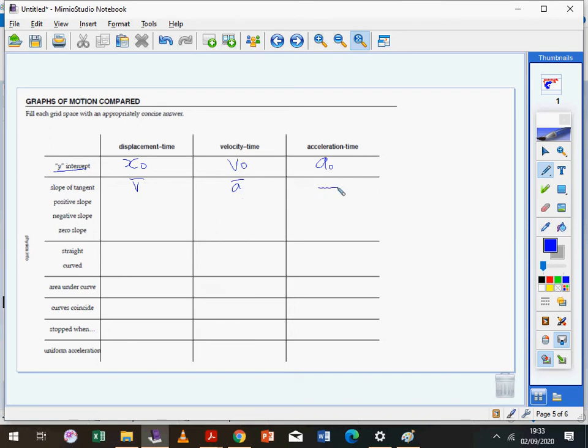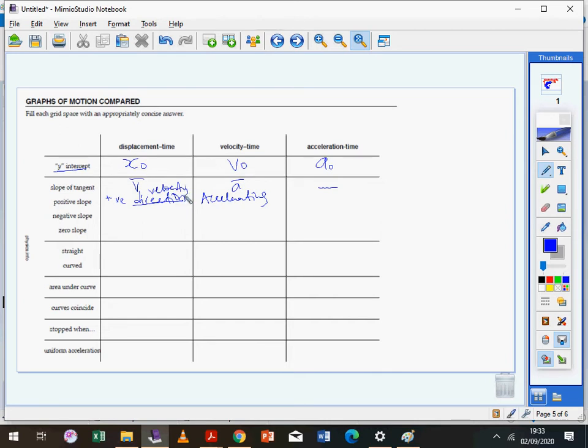If the slope is positive, then that means it is moving in a positive direction. If the slope of the velocity time graph is positive, that means it is accelerating. This one is moving in a positive direction, but it is also moving with a positive velocity, because slope means velocity.